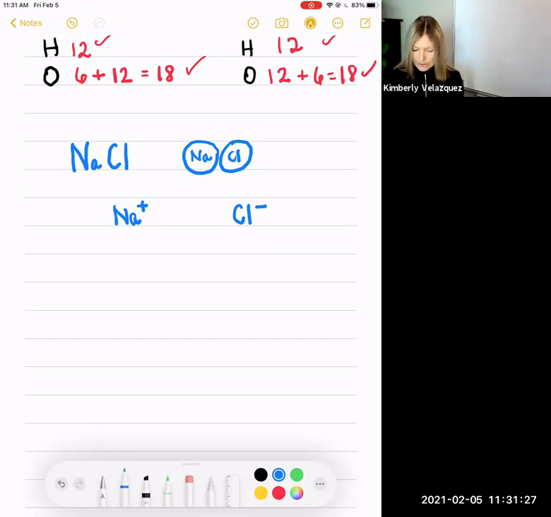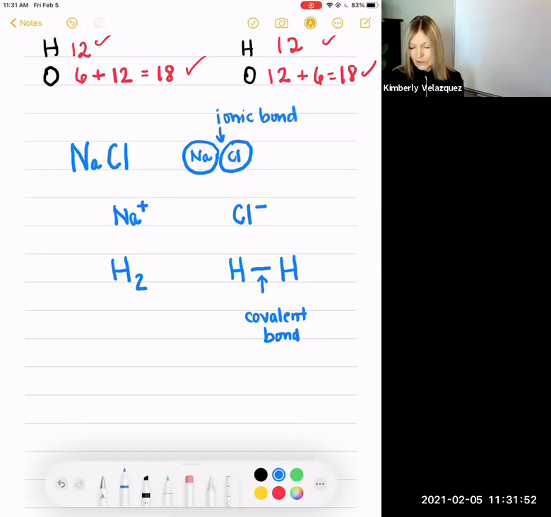So when we look at hydrogen bonded to hydrogen, H2, that's shown as a line, and that is a covalent bond. This attraction between ions of opposite charge, that's an ionic bond. So that should review from the 2 bonding lectures.